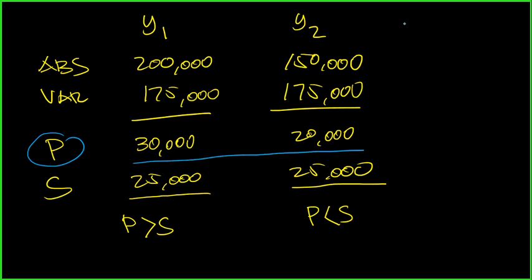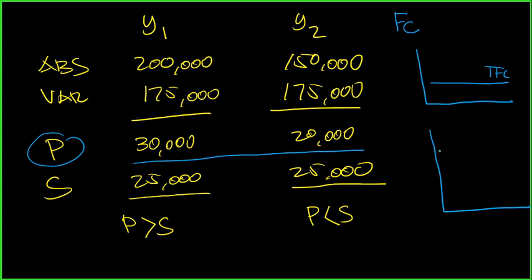Bakit ganun? If you remember, your fixed cost is constant in total. But per unit, it is decreasing at a decreasing rate. So, this one is your fixed cost per unit.